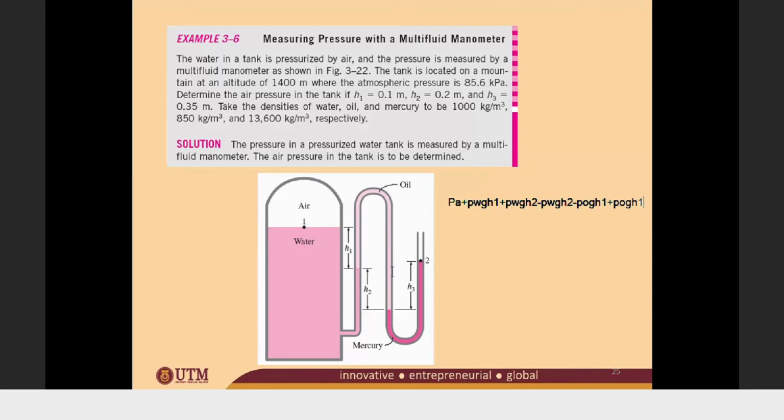You go down, plus rho oil g h2, then plus, minus, and then you go up, mercury g h3.